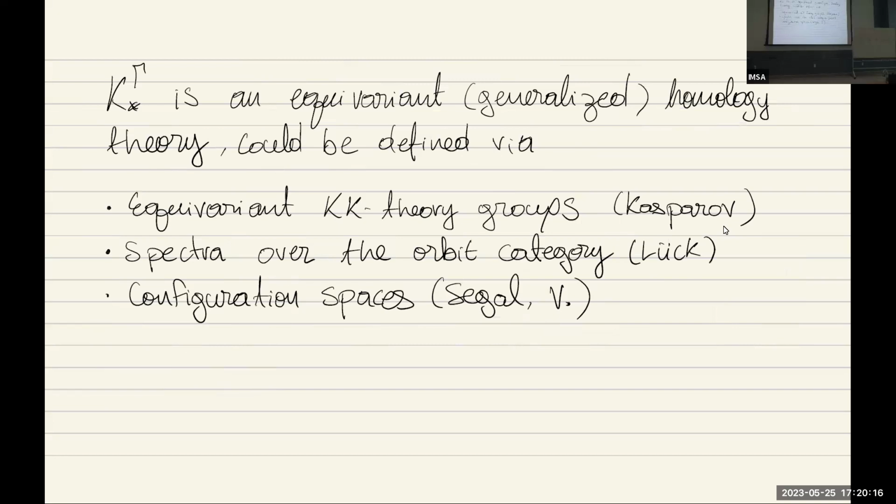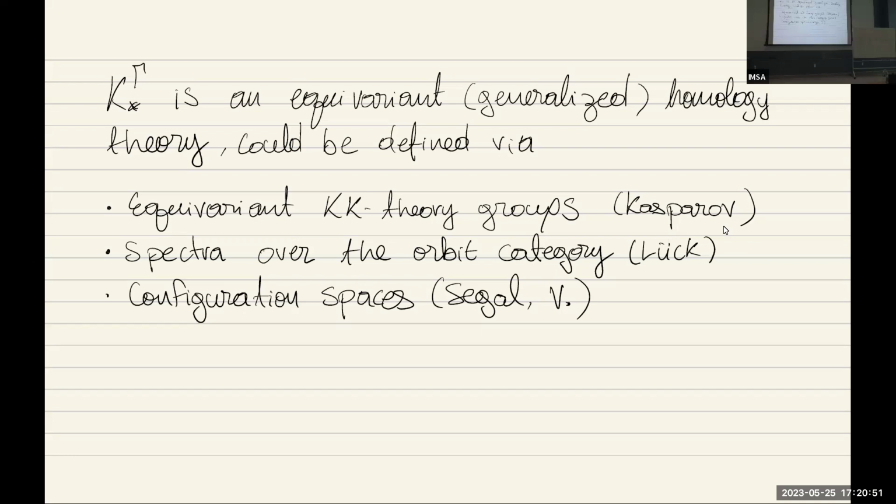What is this K star gamma? It's an equivariant generalized homology theory and could be defined in many ways. Let me say three ways to define it. You could define it using equivariant K homology groups defined by Kasparov. The idea is that we consider cycles in K homology as generalized elliptic operators.